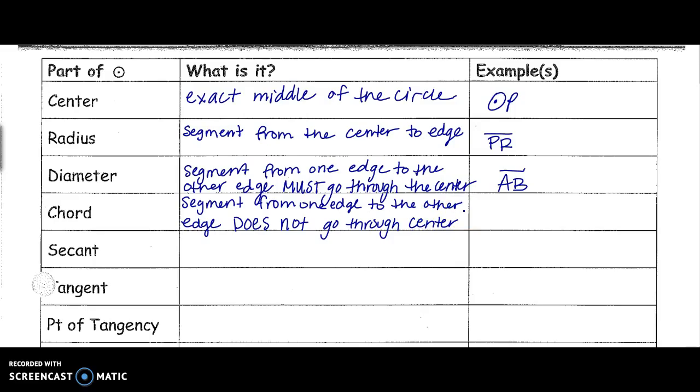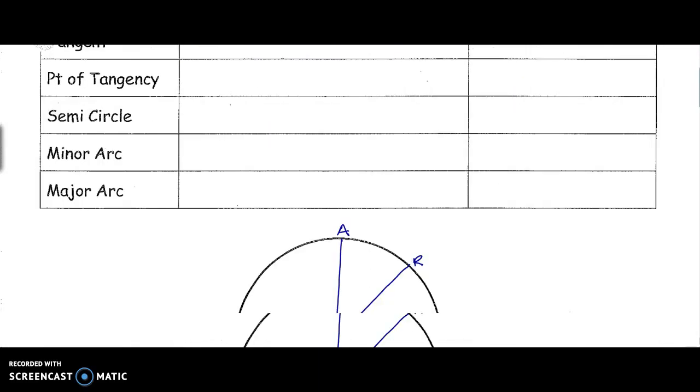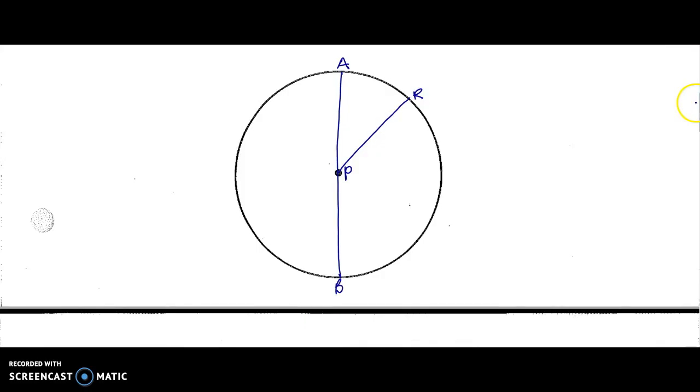Okay, it does not go through the center. So we're going to name a chord RT. So let's draw RT. Okay, so notice how it does go from one edge to the other edge, but it does not go through the center of the circle. So that is the difference between a chord and a diameter.